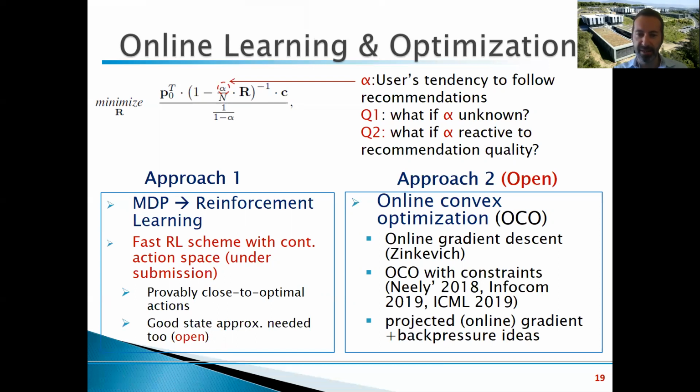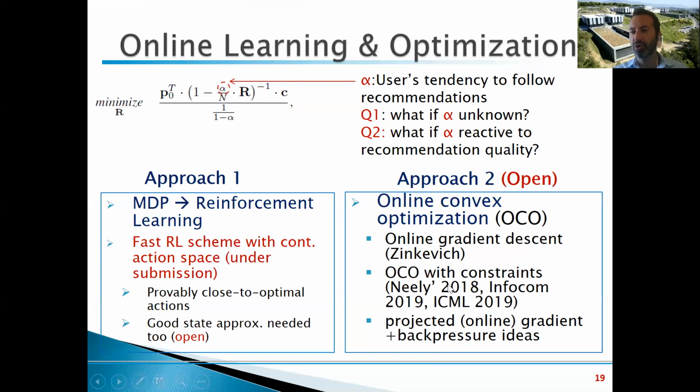The idea is we go back to the convex optimization framework that we had before, but now we assume that some of these parameters are unknown and they appear at every instance of time. And our idea is to try to figure out the policy and also the model in some sense with a dynamic algorithm. This is the online convex optimization framework. You have online gradient descent by Zinkevich that solves this type of problems.